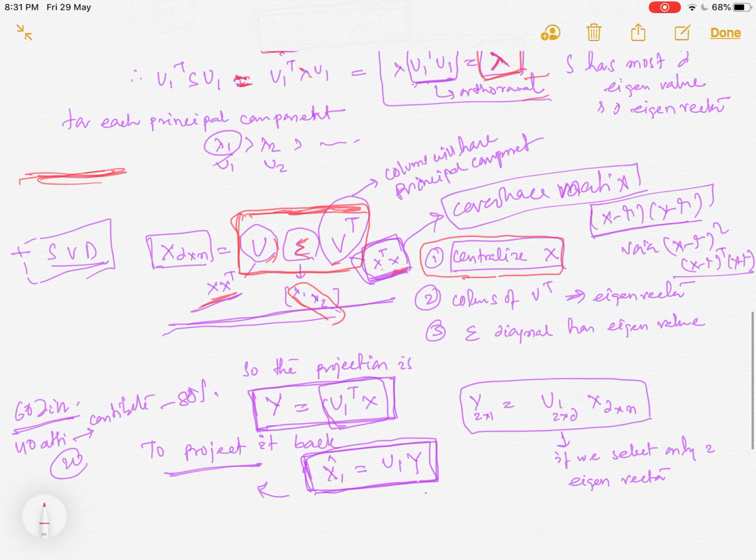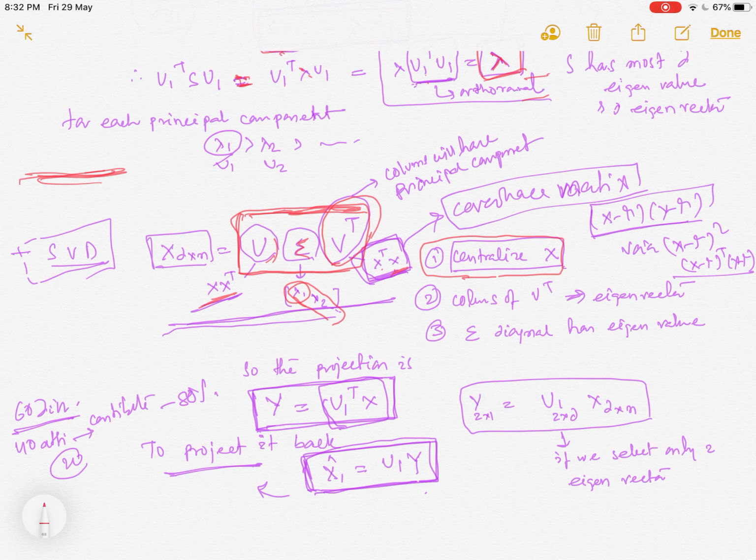From Vt we get the principal components, and from sigma we get the eigenvalues. The best thing about SVD is that we need not sort the eigenvalues and then pick the best lambda. It will already be sorted, and lambda 1, in the 1 cross 1 position, will always have the maximum value, and column 1 in V transpose will have the eigenvector corresponding to the maximum lambda.